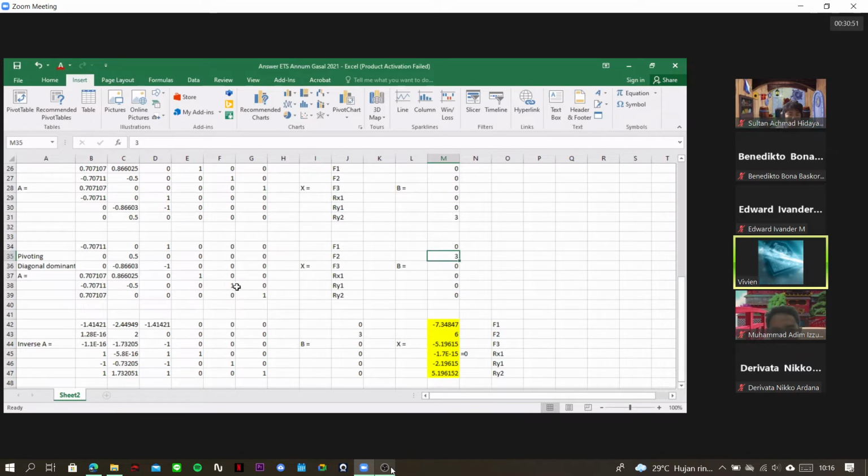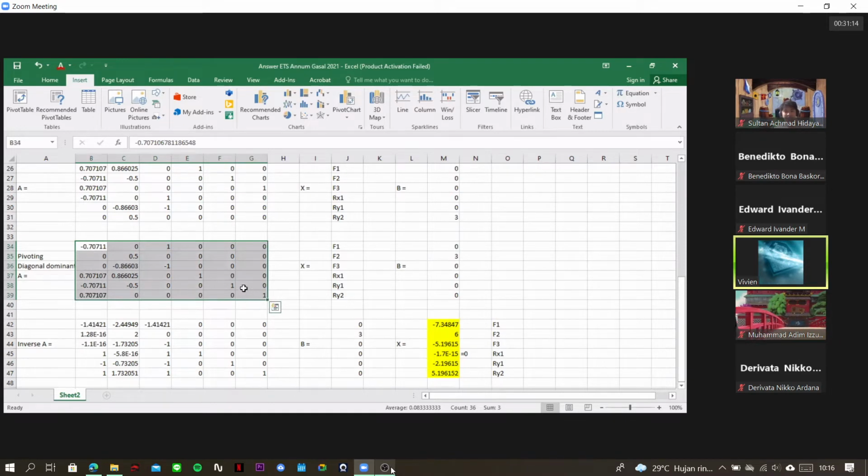Once we have this, you can apply Gaussian elimination. I just did some checking with Excel, so we have the solution as shown here. But the main thing is that if you do not rearrange this, you might have a problem.